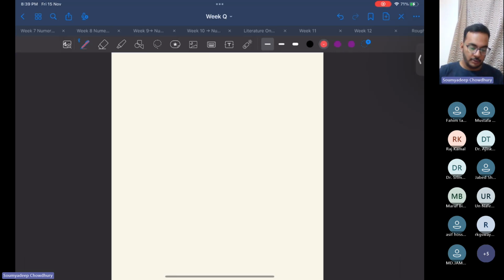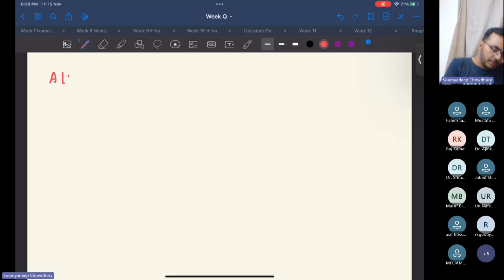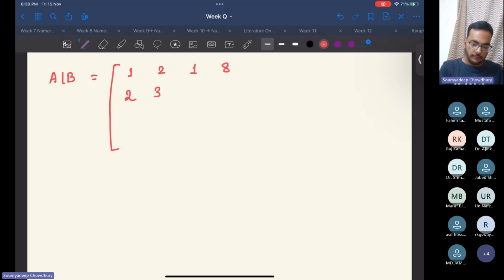Now I'll go back to the problem which I was describing. So I'll write my augmented matrix first. So what is my augmented matrix? It is 1, 2, 1, 8, 2, 3, 4, 20, 3, 5, 7, 30.